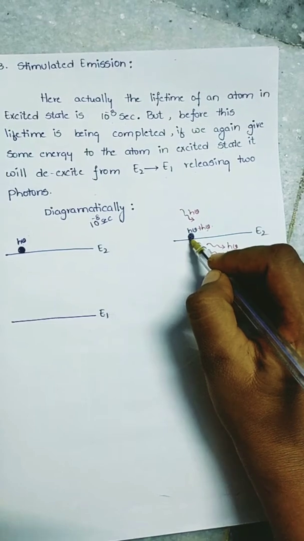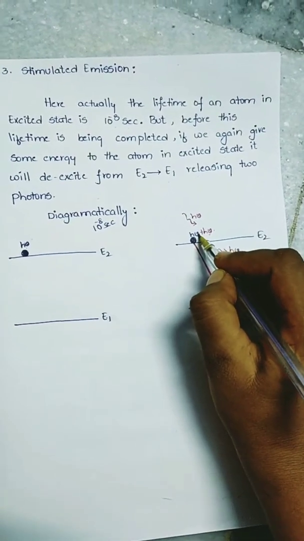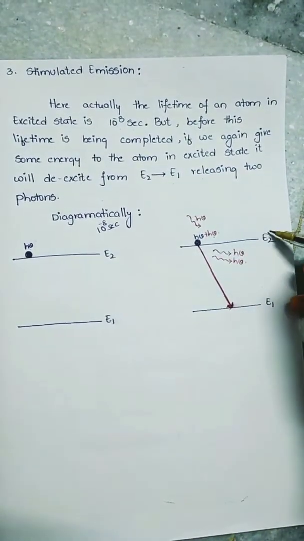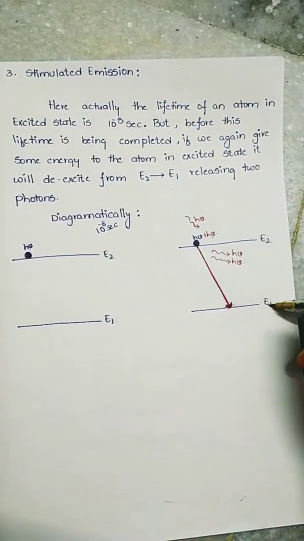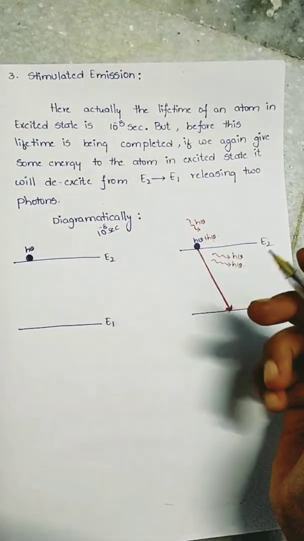Now this atom has double the energy. So now when it is de-exciting from E2 to E1, it will release 2 photons.